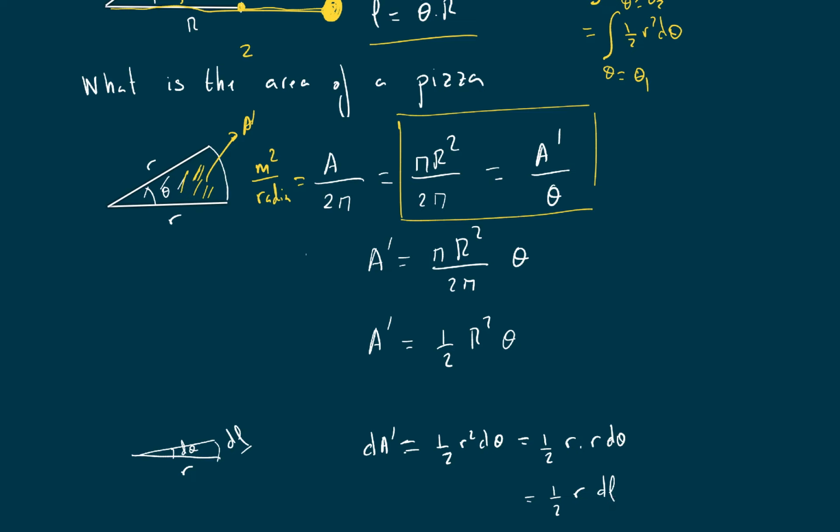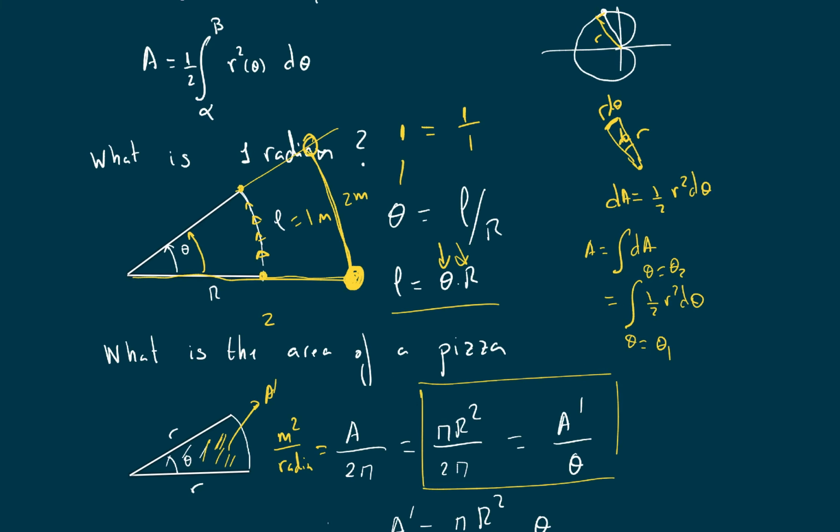Is the length is here. R times d theta, dl, you see this relation, I will copy this relation, dl, the small distance that you will travel through the arc length will be r times d theta. The r is constant, it is the radius of the circumference.